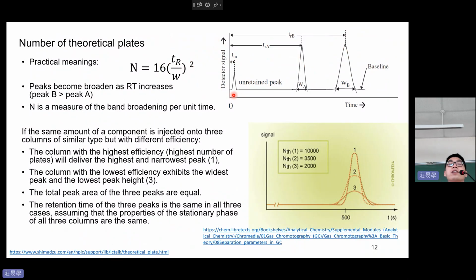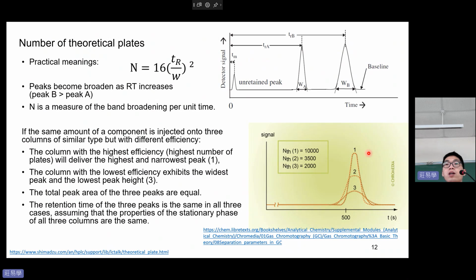So, again, if I use this figure as an example, let's say we have three columns, and the coating material is the same. The only difference is that their inner diameters are different.